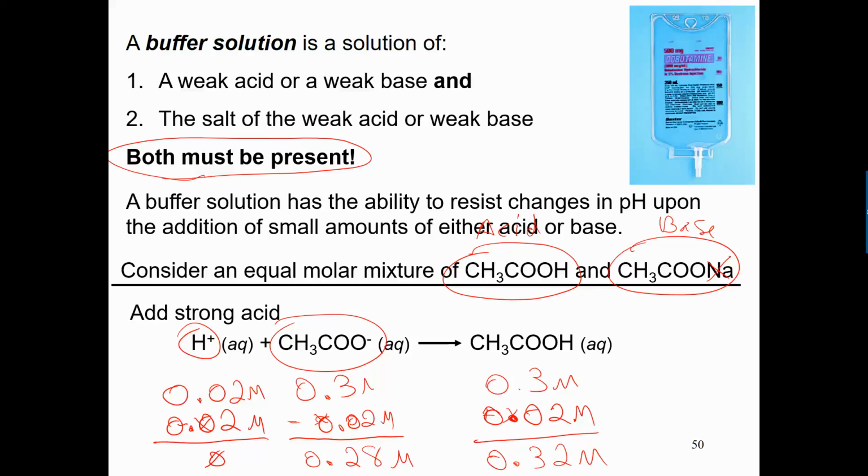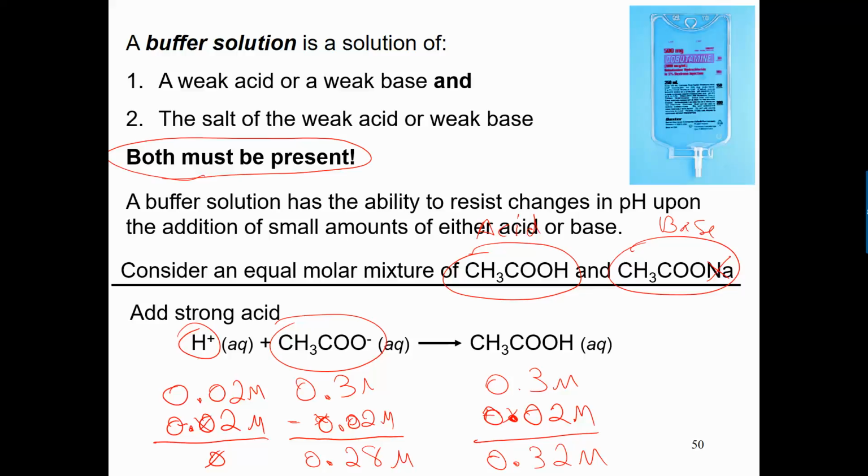That reacts with the H plus and shifts it this way, and it will go to 0.32 molar. Now I can recalculate my pH by simply putting the base over the acid, 0.28 over 0.32. pH equals the pKa plus the log of 0.28 over 0.32. And that'll be how I calculate my pH.